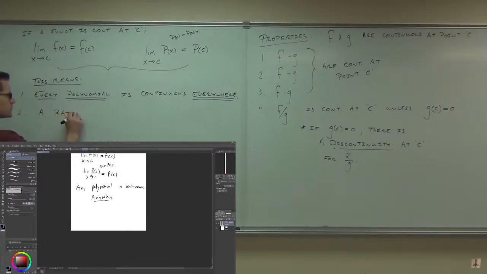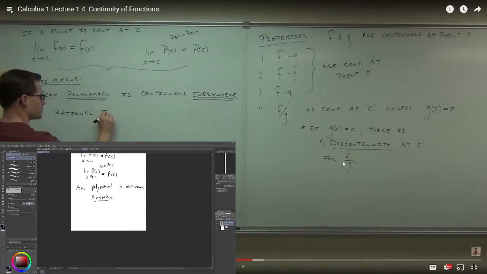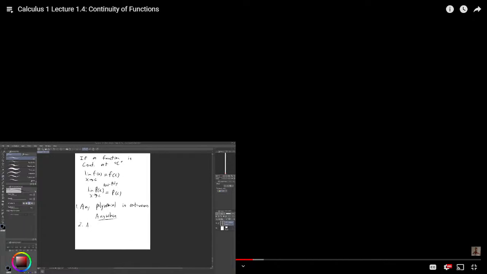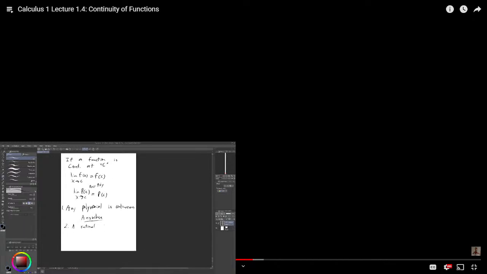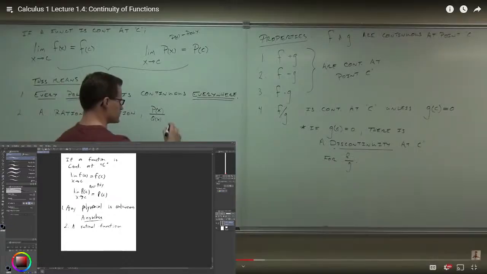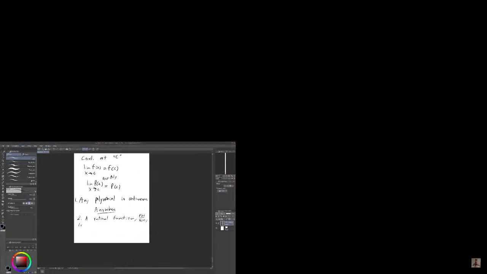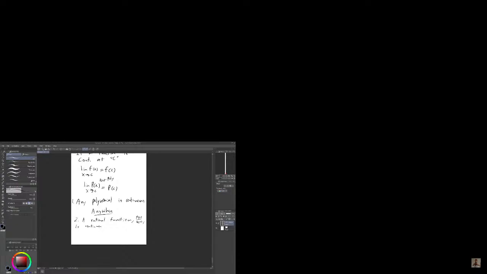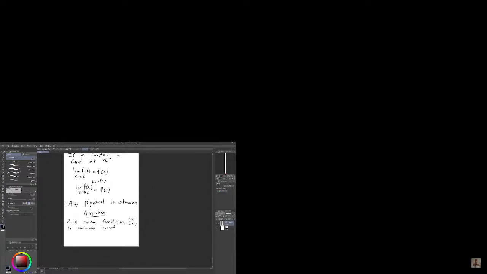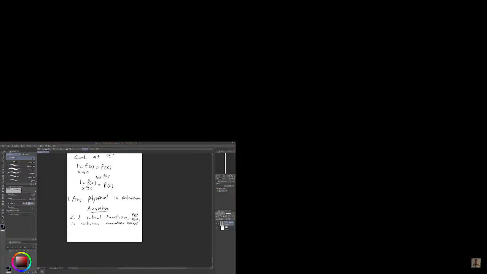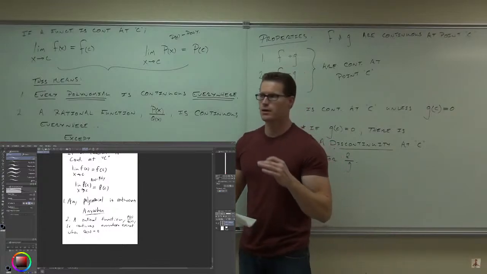So a rational function, which is like p of x over q of x, where these are both polynomials, is continuous everywhere, except where the denominator could be equal to 0.